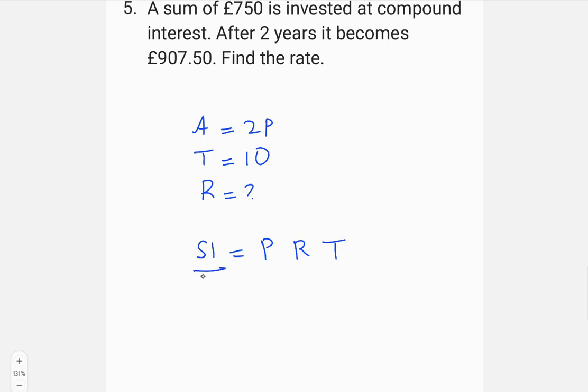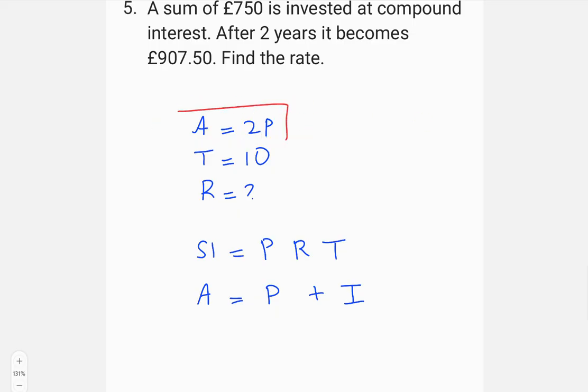And the simple interest is also missing. We cannot use this formula unless we know 3 things and only one of them is missing. So let's see one other formula. The other formula that we know is amount equals principal plus interest. Remember? So have they given us the amount? They have given us this thing instead of the amount, so we're going to use this.